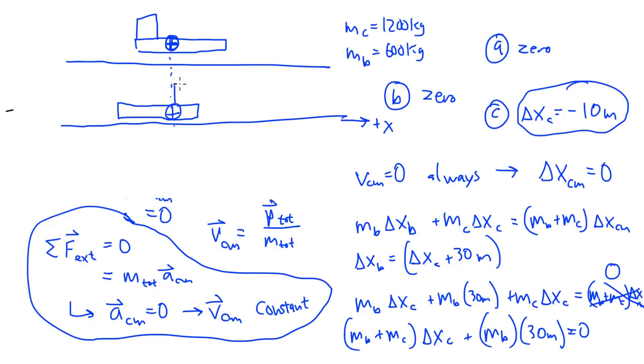The train car has shifted to the left 10 meters, and the balls have shifted to the right 20 meters. It's not to scale, but the center of mass has stayed in the same place. So, kind of a scattershot explanation, but I hope that helps.